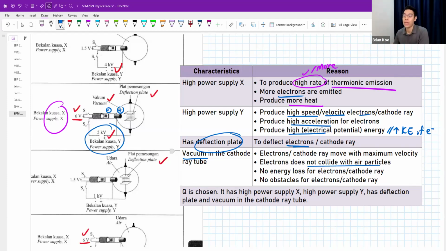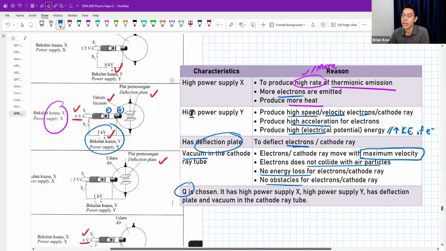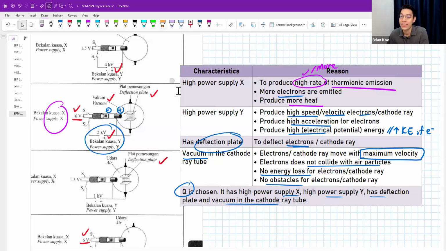So I don't want it to collide with any air particles so it can move with maximum velocity, so that there's no energy loss for the electrons. It will not hit anything. No obstacles for the electrons also can. Yeah, in the end Q is chosen. Then you repeat: it has high power supply X, high power supply Y, has a deflection plate, and vacuum in the cathode ray tube.